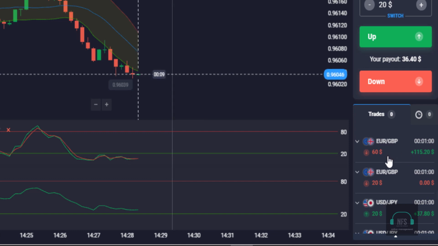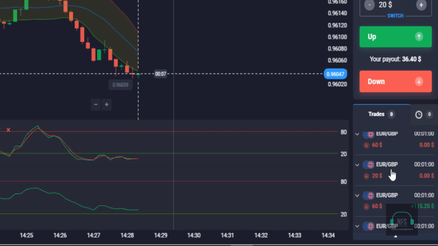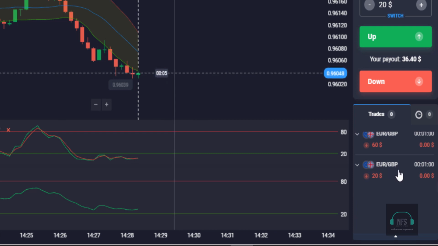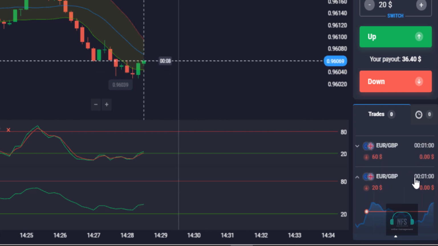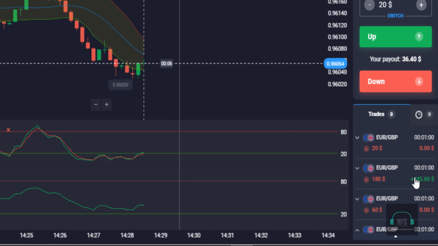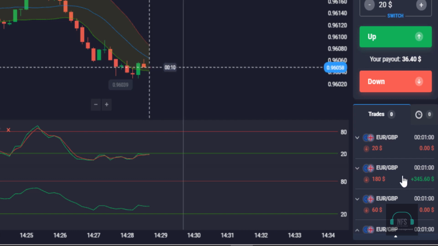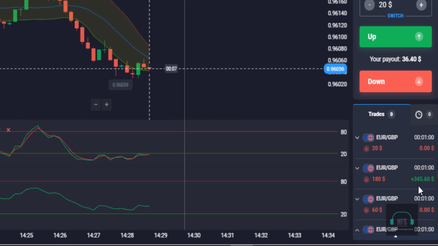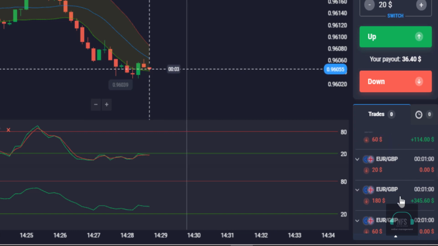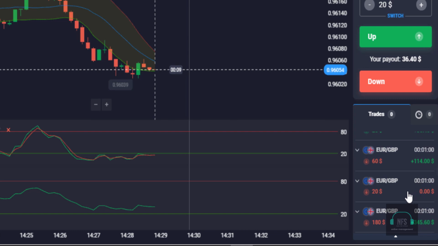This one, euro GBP here, another euro GBP losing trade, as you can see here. Euro GBP again, $60. Yes, triple again, losing trade, and euro GBP $180, as you can see here, and winning trade, $345 profit. All right, euro GBP again, losing trade, $20.